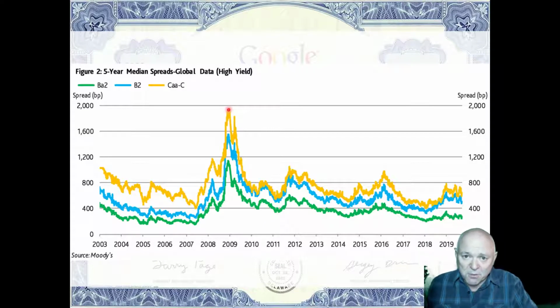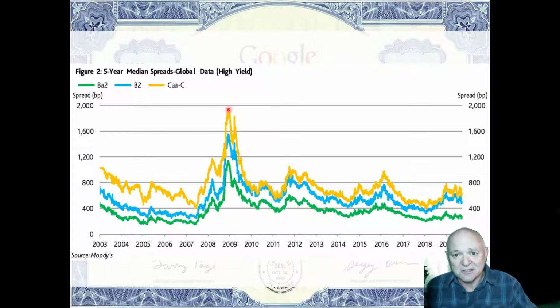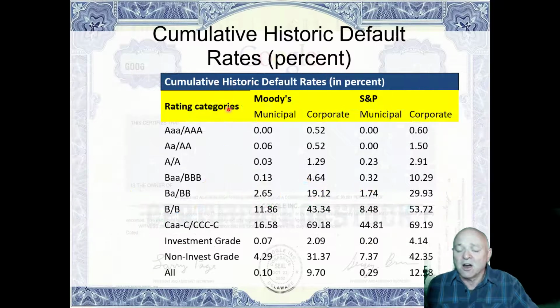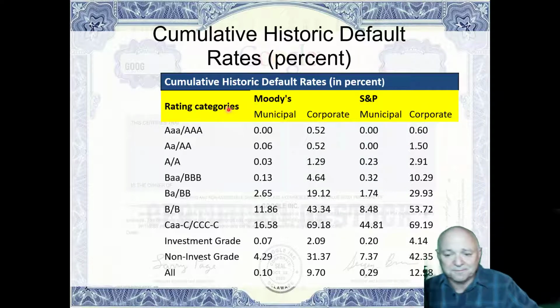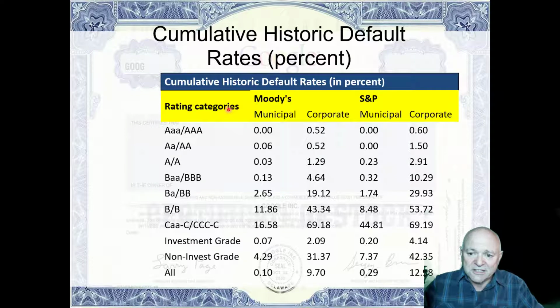All of this is about the probability or the possibility of default. And one of the things that drives the rating services are the probabilities of default. And we call these the default rate tables, or the transition tables, and it tells us what's the possibility of a bond changing from one position to another over a period of time.